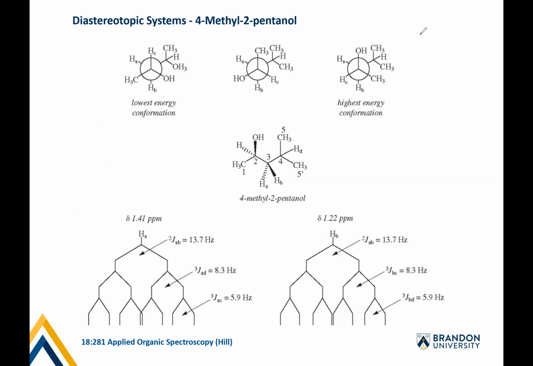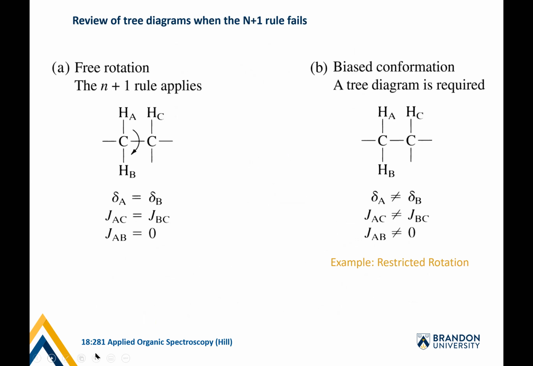N+1, when you've got free rotation, this applies, and all of the coupling constants are going to be the same. So the coupling constant between HC is going to be equivalent to HA and HB.